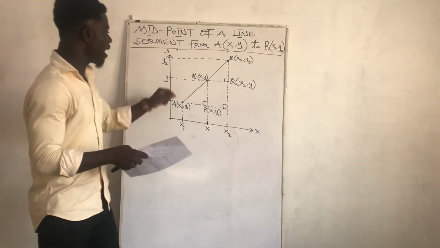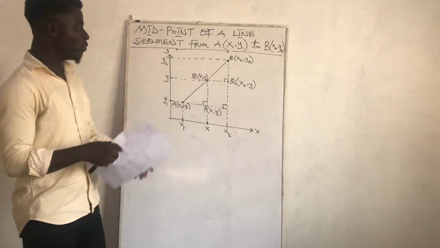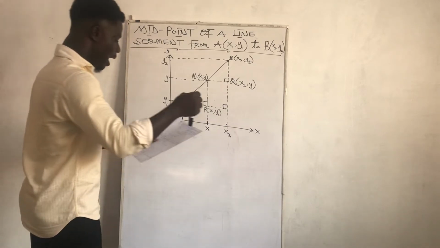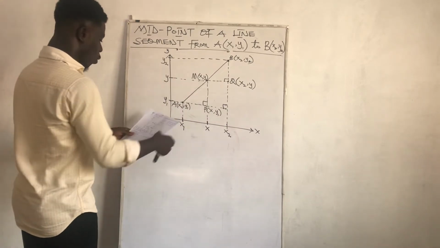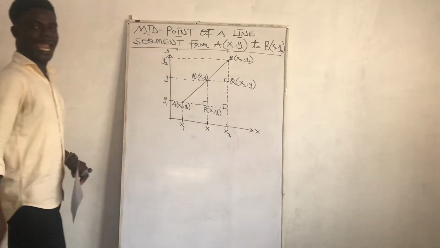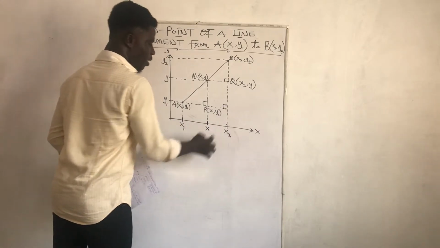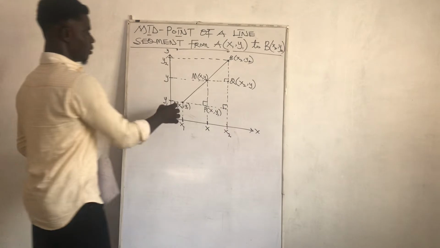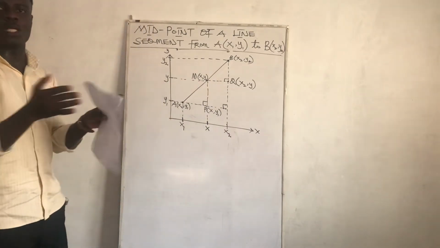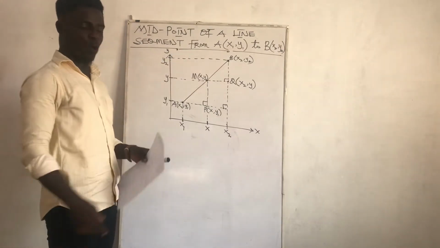So from here to here is the same distance as from here to here. Then from here to here is the same distance as from here to here. You get equal distance. That's the midpoint.